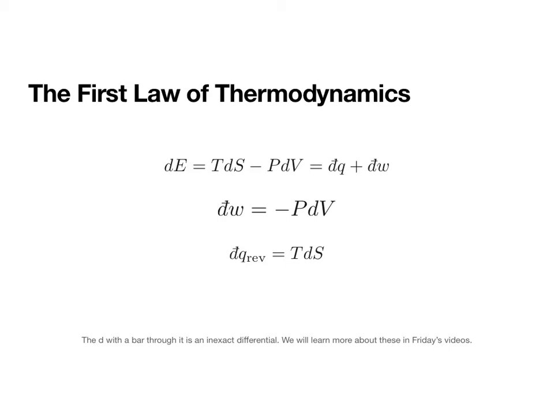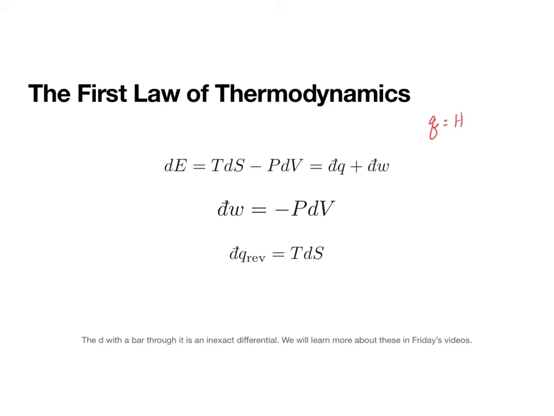Okay, so the first law of thermodynamics. This says that the energy, dE, the change of energy, is equal to the change in heat plus the change in work. So we're strange people as chemists.